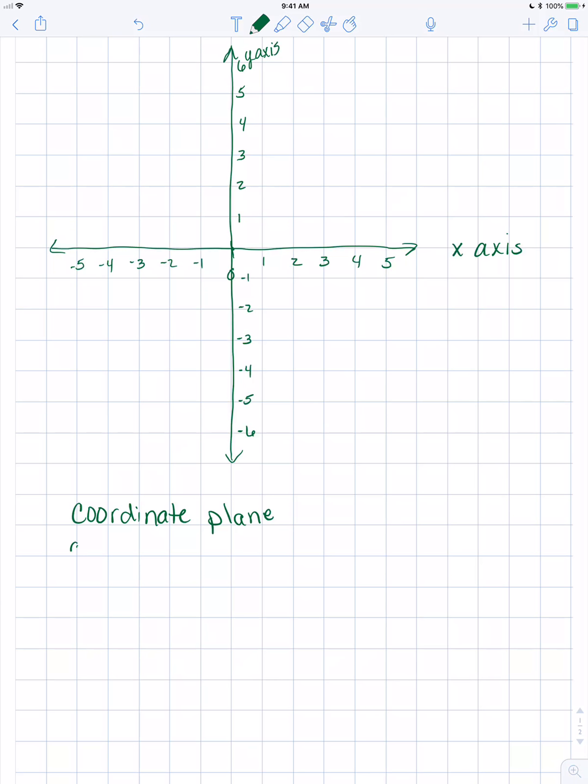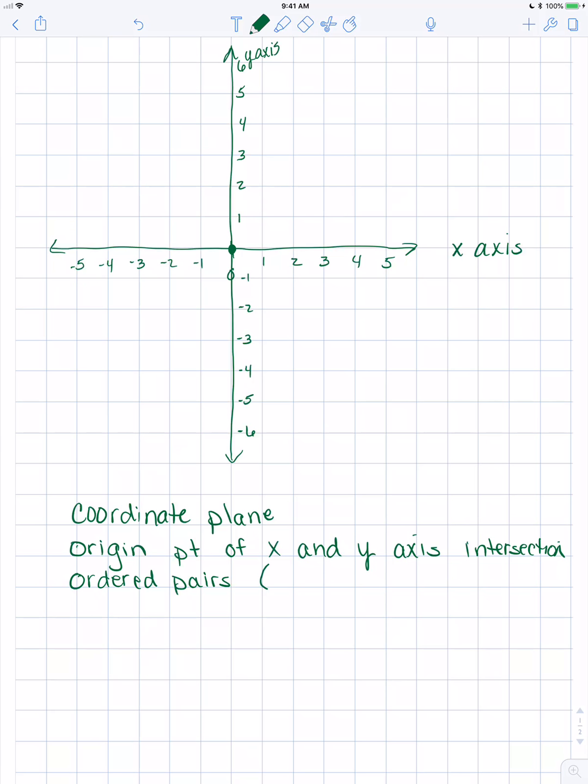So we have what we call the origin, and that is the point of the x and the y-axis intersection. And so where these two cross would be right here, and so that point would be 0, 0. So we have ordered pairs. We can label points on here.